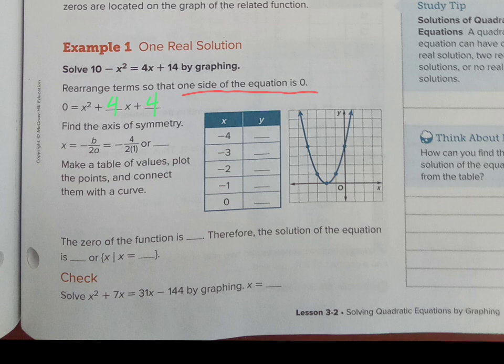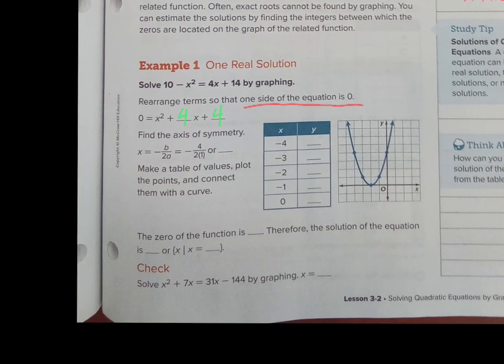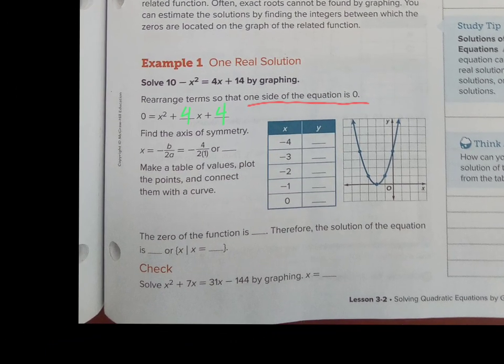All right, so for graphing, what they want you to do is start with this little thing we've been talking about for a little bit: negative b over 2a. What does that do for us? We've seen that one before.